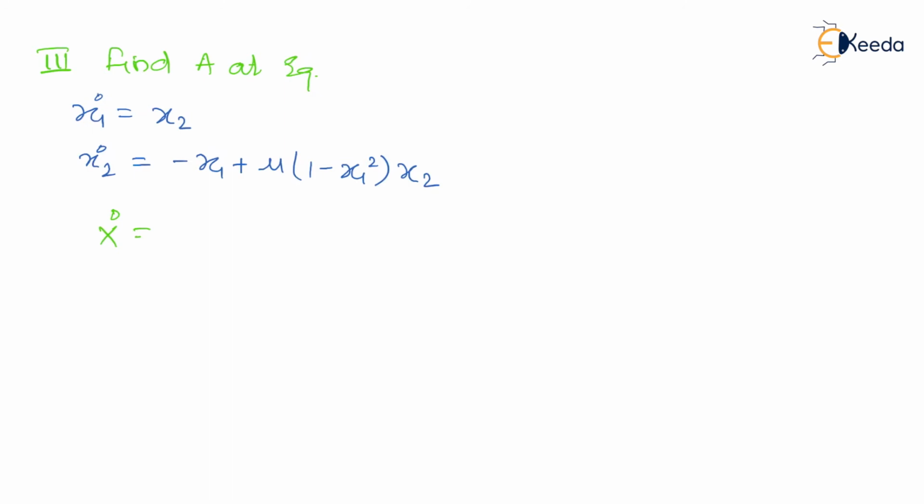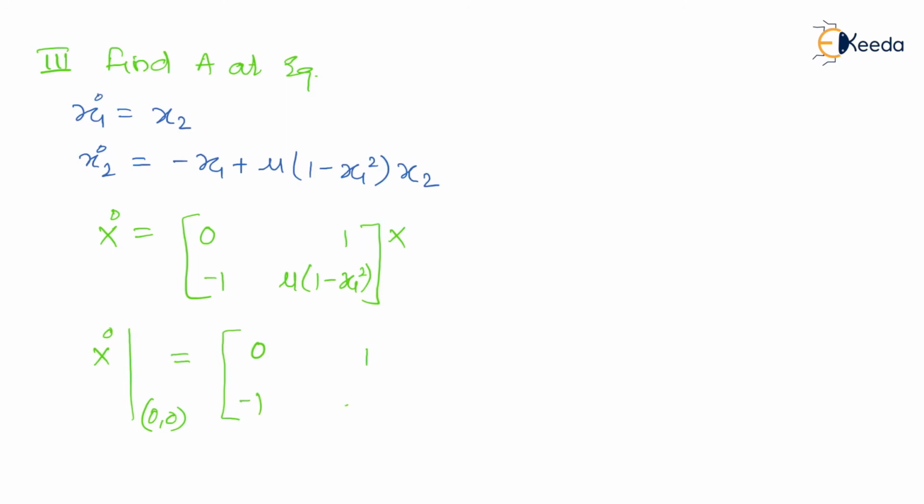So x dot is equal to matrix A, into x. So it is 0, 1, minus 1, mu (1 minus x1 square). So x dot at 0, 0, since x1, x2 are 0, 0, equal to 0, 1, minus 1, and it becomes mu.